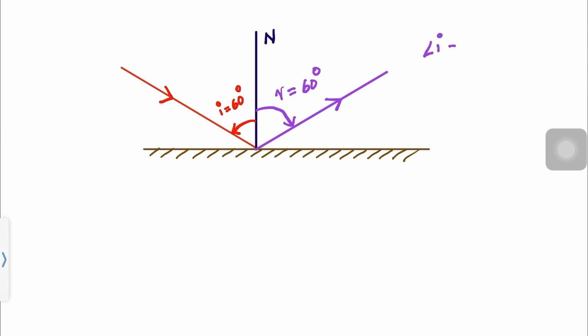If you look carefully, angle of incidence equals angle of reflection. This is called the first law of reflection. This was first explained by a scientist called Fermat, hence it is called Fermat's principle.